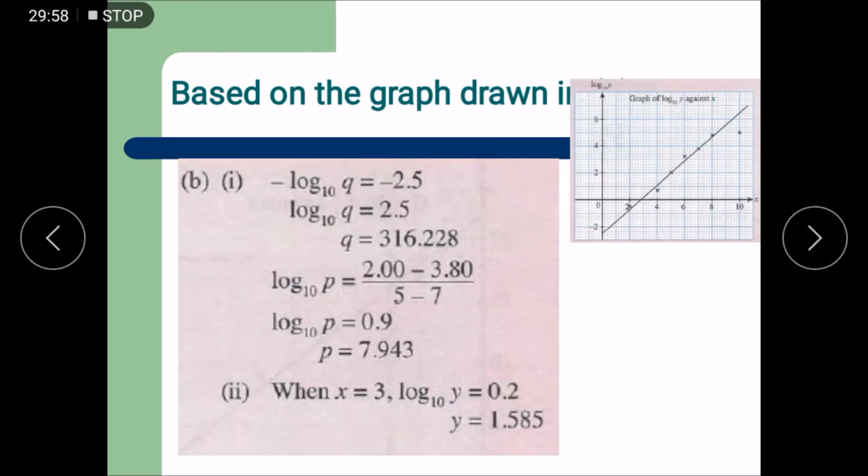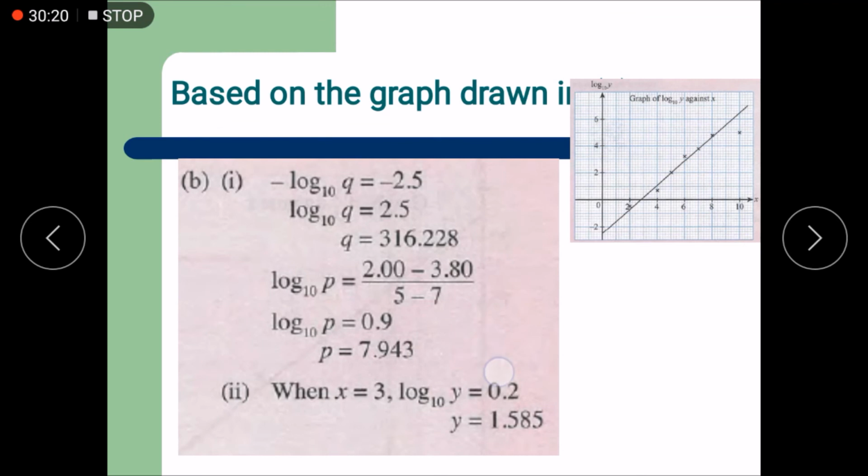How do I know log Q? Log Q is actually the y-intercept. So I just figure out what my y-intercept is and then I get my Q. Then log P is actually the gradient. So use the points on the graph, find the gradient, and after that you can get your P.